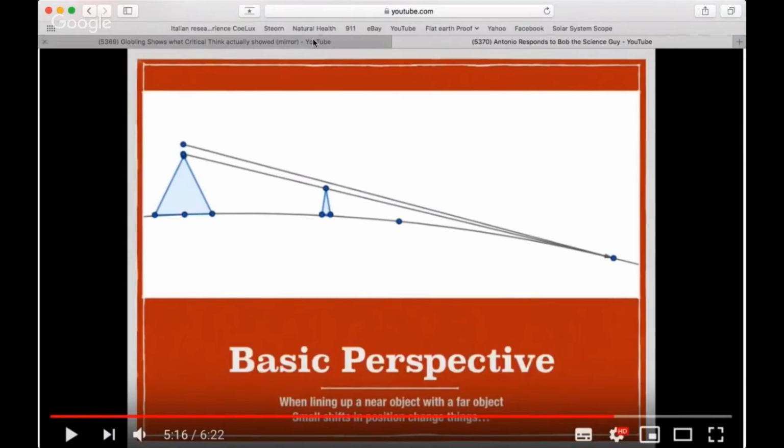He says appear, and it does appear that way when you line up a near object with a far object. Now that's called parallax. Do I have to explain parallax to you as well, Antonio?